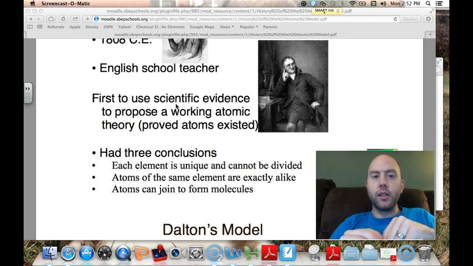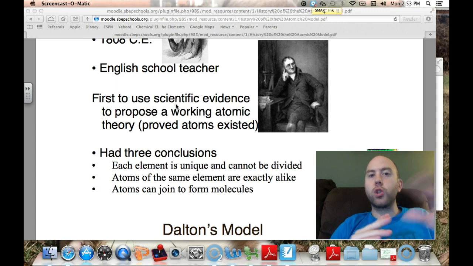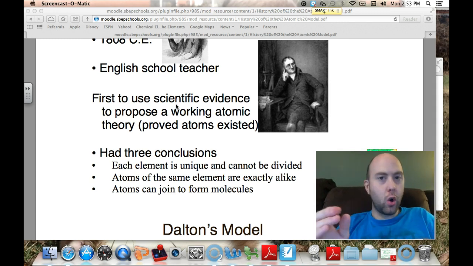One of the other conclusions is that every element that's exactly the same element looks identical. So for example, even though carbon looks different than gold, every single gold atom is exactly alike. Every single oxygen atom looks like every single oxygen atom.